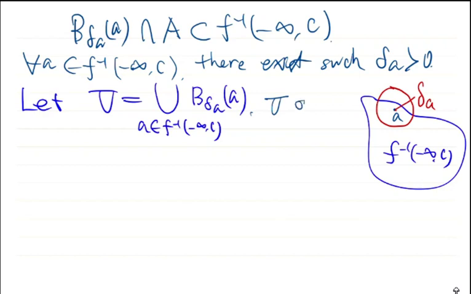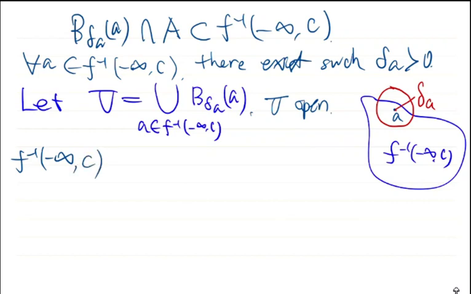U is open because the balls are open, and the union of a family of open sets is still open. Therefore, U is an open set. And let's see this pre-image.